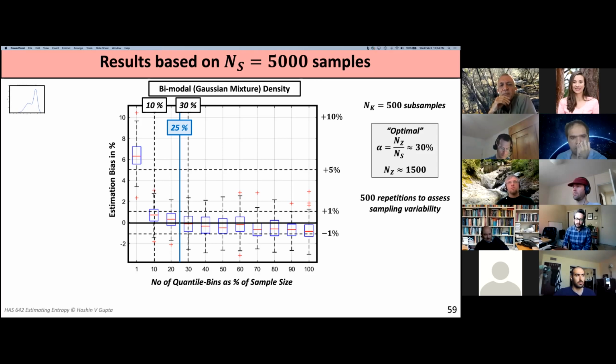Yes, so that's why I'm asking whether this transition from positive to negative bias that you see is related to this sampling. It's related to the fact that if you use the entire sample to calculate your CDF, you will get negative bias.